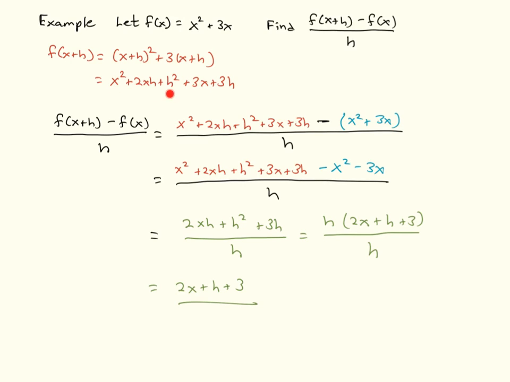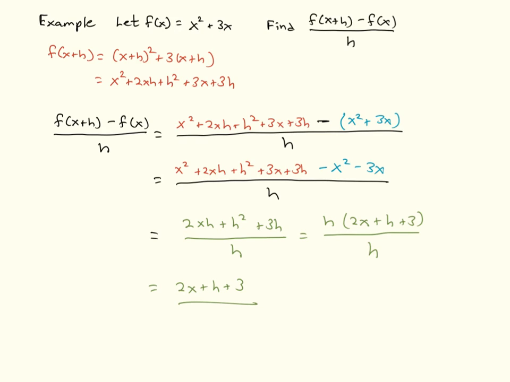Once I have that, I have to do f of x plus h minus f of x over h. So I'm going to replace f of x plus h with this expression, minus f of x, which is x squared plus 3x.